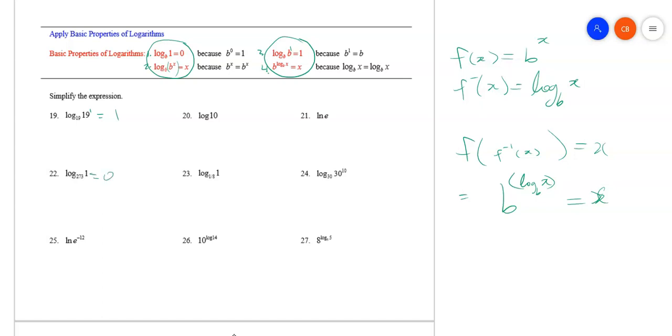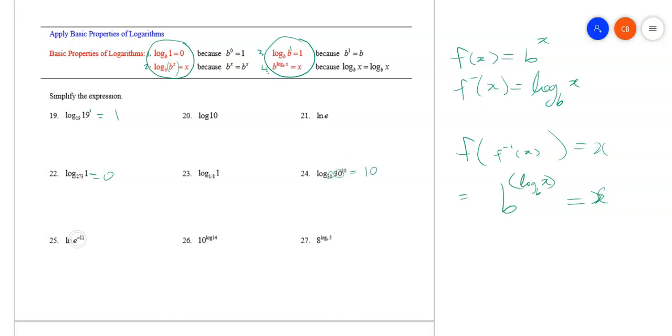So that one's just a 0. What about, for example, number 24? We have a nice problem over here. Log base 30 of 30 to the 10th power. Since the base of the log and the base of the argument match up, the answer will just be whatever exponent is on there, so it's 10.